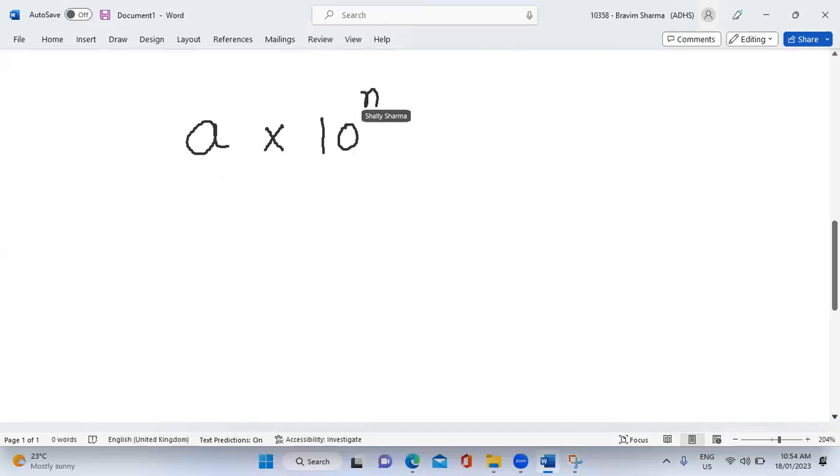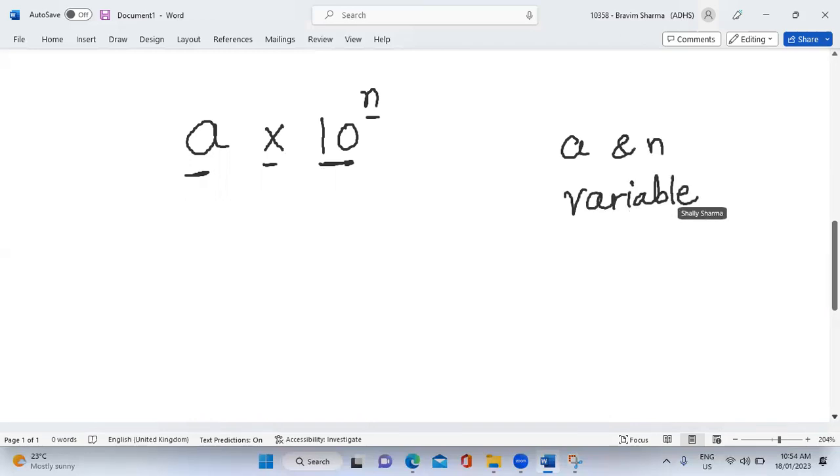If you see here, there is a multiplication sign, there is the number 10. This is fixed. This number will always be 10. You cannot make it 2, 3, 9, 20, anything. Then this a and this n, these two can be variable. These two values can vary, but this 10 is fixed. Then there are certain conditions on this a and n.